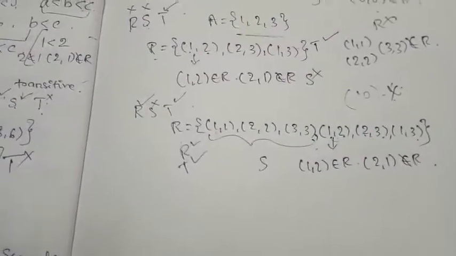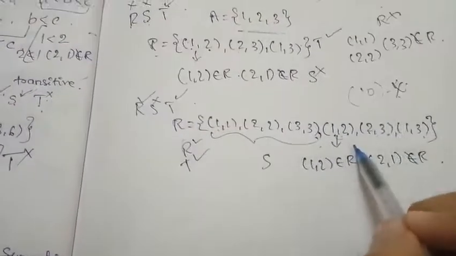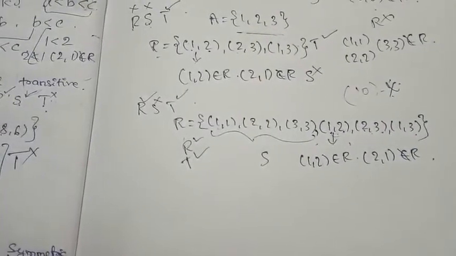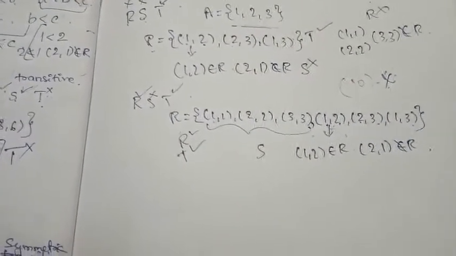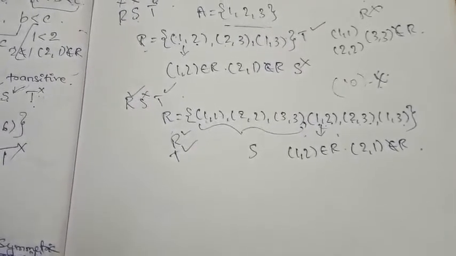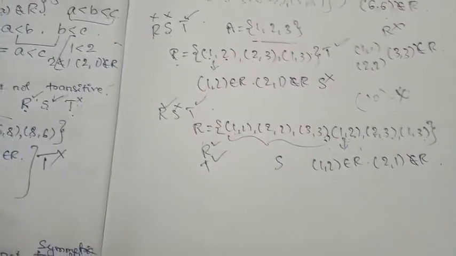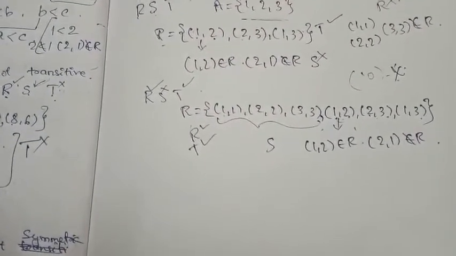Once you understand the concept, taking these examples is not a big thing. But you need to understand the concept step by step with full involvement. So now let us move to the next question.